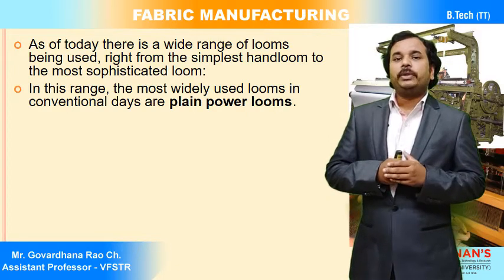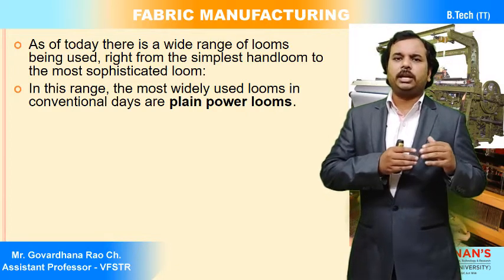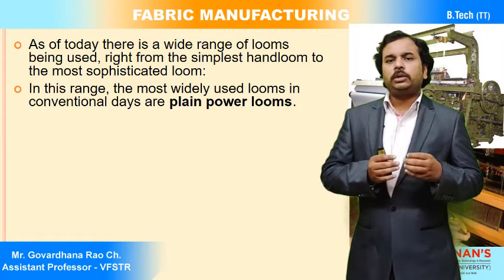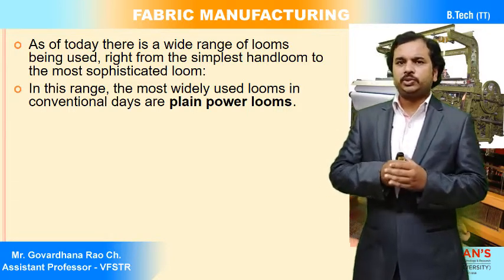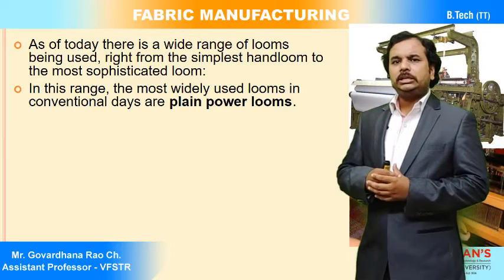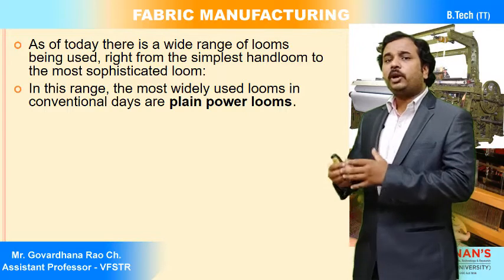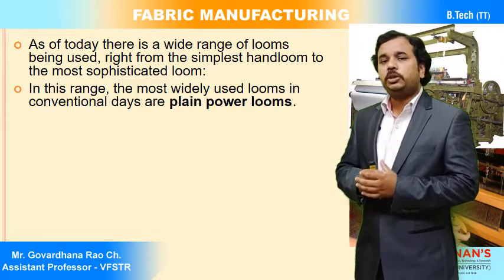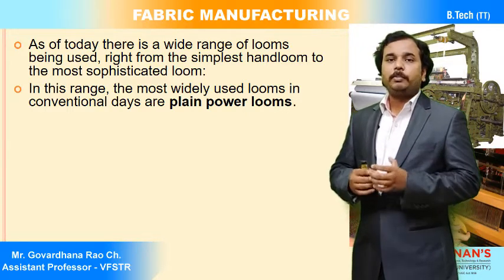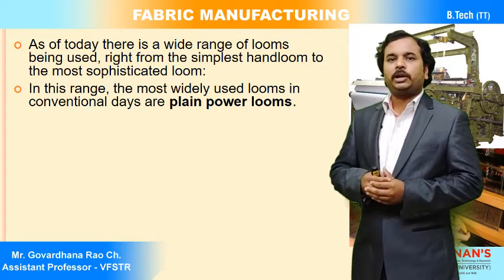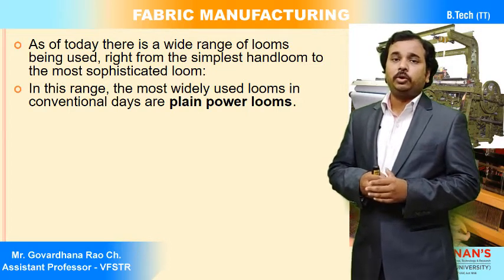By considering all these factors in the hand looms, a small modification, a motorized version, was developed in the loom. So the plain power looms came into the picture to get more production as compared to the hand looms.